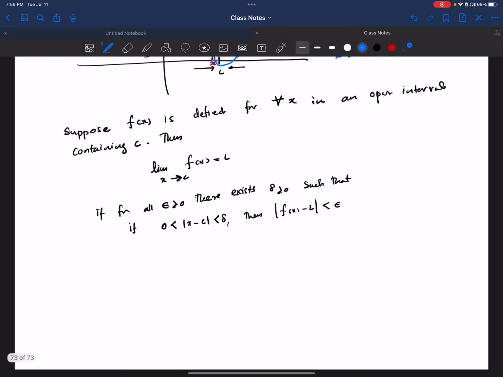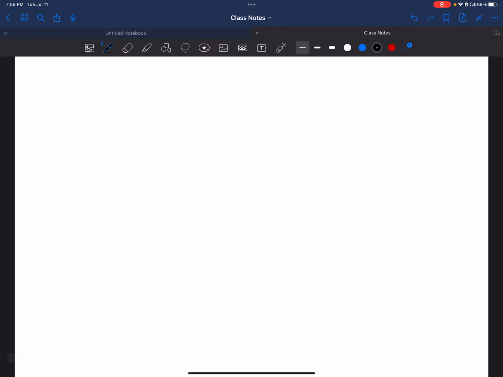Let's take f of x equals sine x over x. Now what we find is the limit as x goes to 0 of f of x, which is equal to the limit as x goes to 0 of sine x over x, which equals 1.